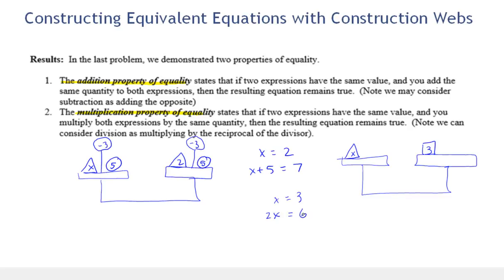Okay. Or you can think of this as an extension of this addition property. Well, we can add an x to the left side and a 3 to the right side. Okay. And we know x equals 3 because it was originally balanced. And notice now the left-hand side has 2 x's, the right-hand side has 2 3's, and the equation is still balanced. So these are the properties of equality we're going to use to help us get a single variable.